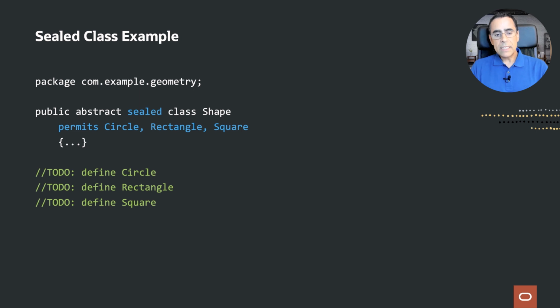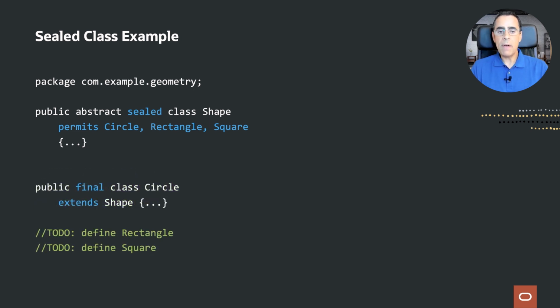The sealed class and its permitted subclasses must belong to the same module, or if declared in an unnamed module, the same package. Every permitted subclass must directly extend the sealed class, and every permitted subclass must choose a modifier to describe how it continues the sealing. It could be final and allow no more subclassing.